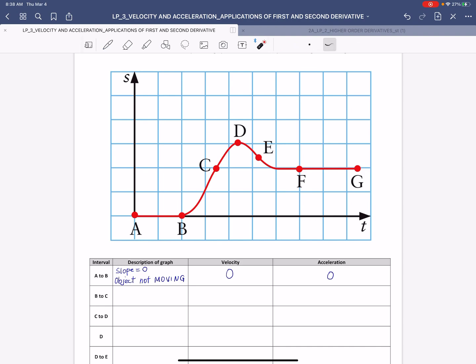For the second portion of the graph, from point B to point C, we see that the slope of the tangent at any point is positive. That means that the function is increasing, or that means that position is increasing. So we'll write slope is positive.